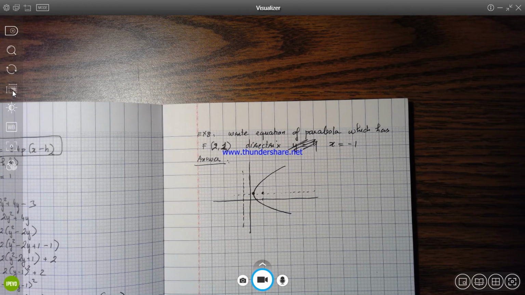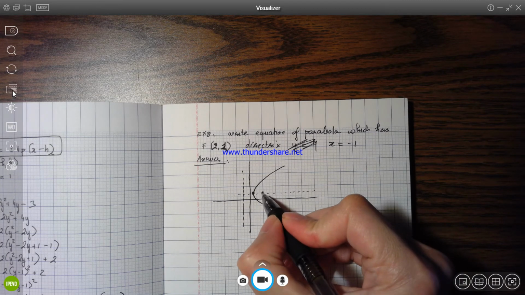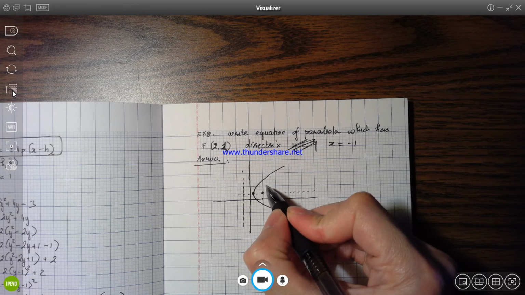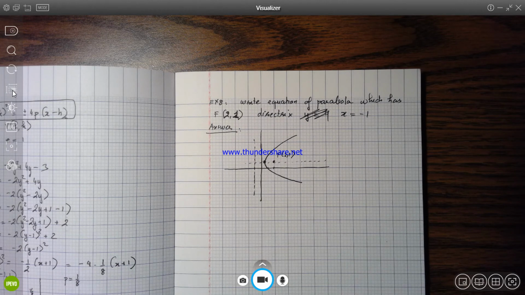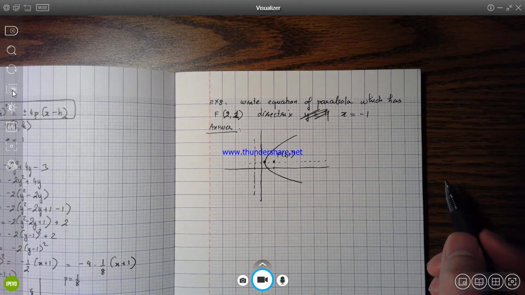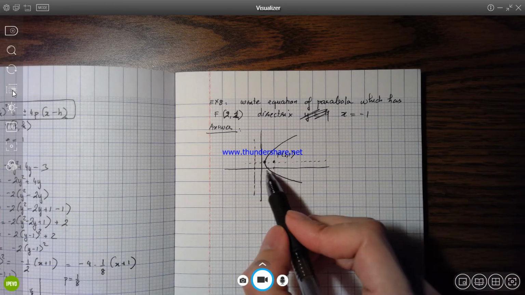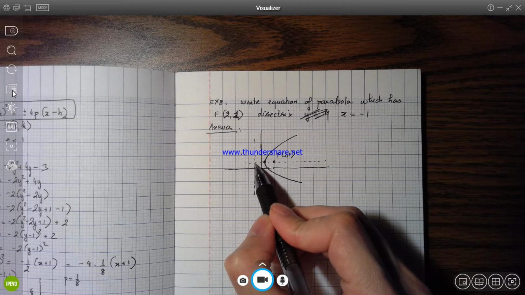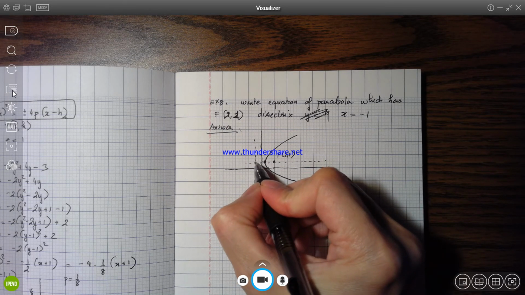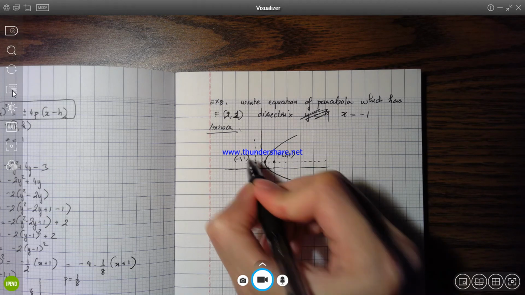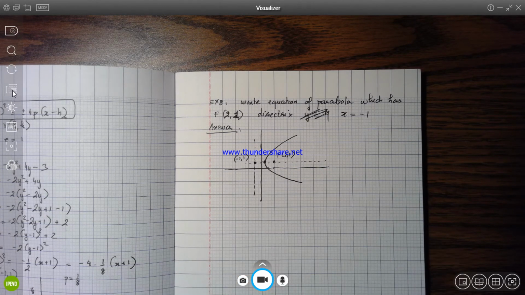It's very easy because F is (2, 1) already, and the point on the directrix directly across is (-1, 1).